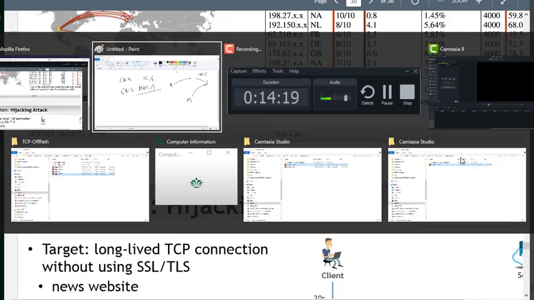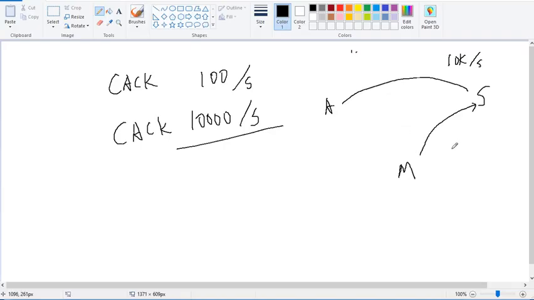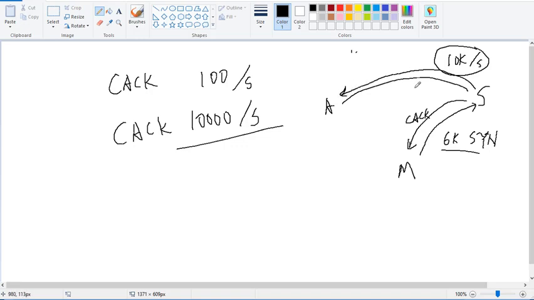For the bad guy, hey, you can send me 6,000 SYN packets. I'm fine with it because I can send out 10K challenge ACKs. So for every one of the 6K, I will give you a challenge ACK. So you cannot figure out whether or not I sent something to Alice. Nope, you cannot.